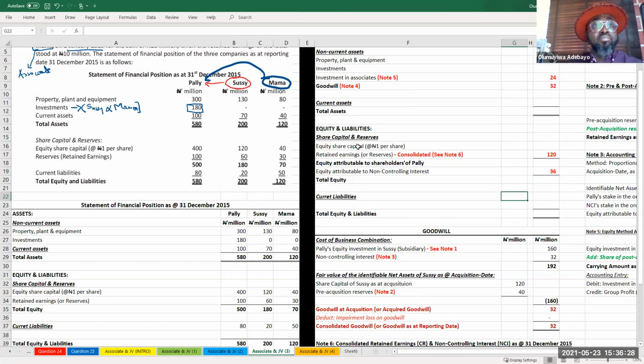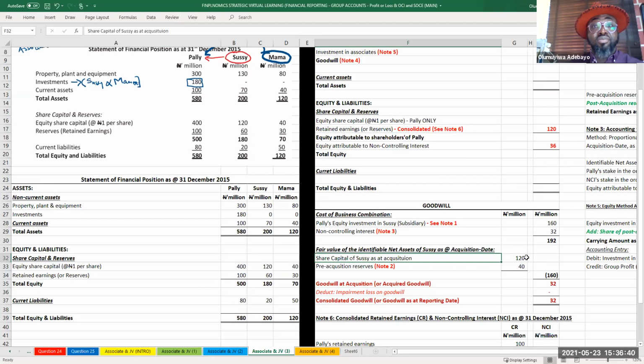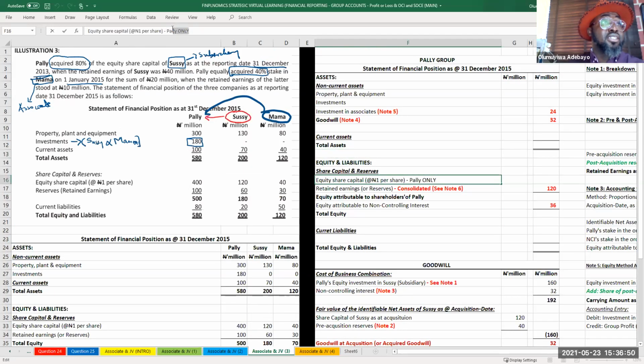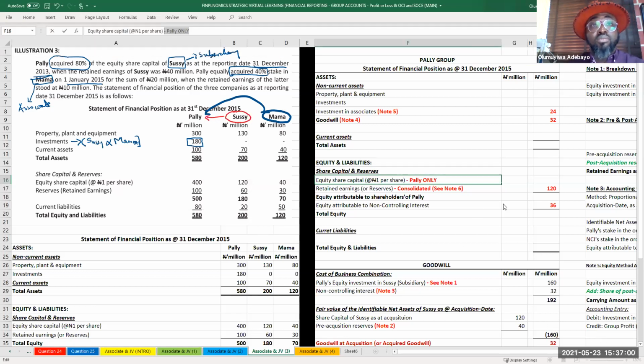Now remember, share capital will be the parent only because upon consolidation that of the subsidiary has been cancelled. Therefore, the parent only, you must emphasize that, take note of it. And that is how much?